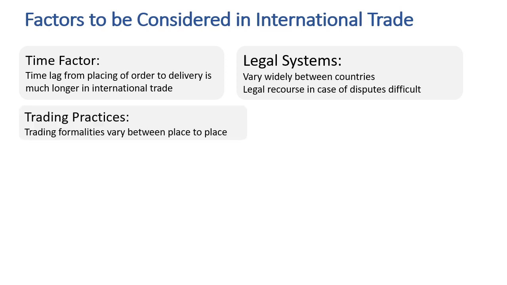Third one is trading practices. We assume when we do a domestic trade, there are a lot of assumptions which are done in the way a trade is done. You go to a petrol pump to fill petrol or gas, you assume that yes, in a particular country, you just park your car and everything is taken care of by the attendant.